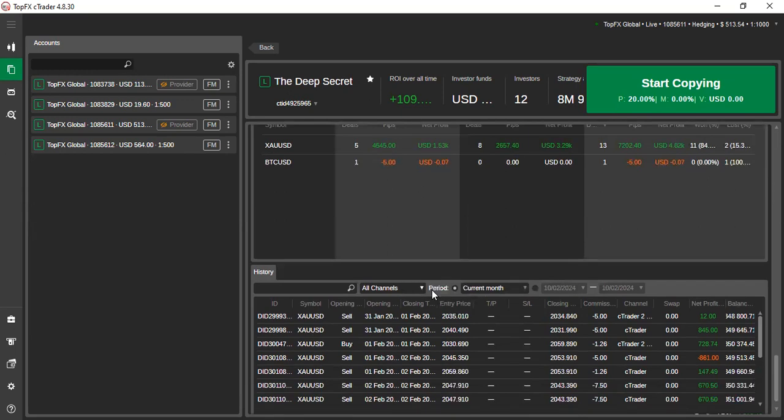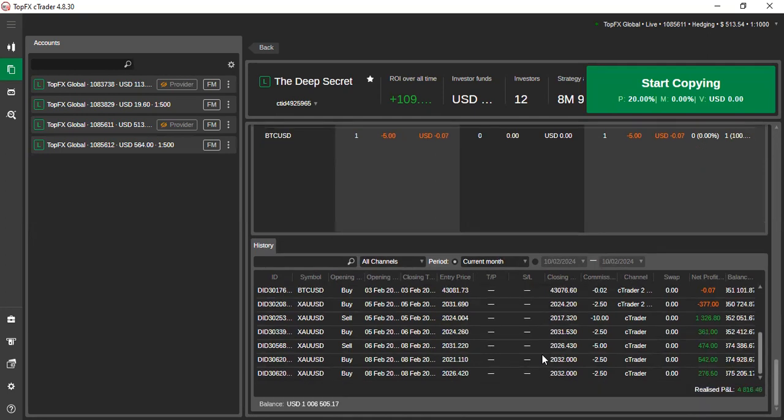Down here, you can also see all the trades they've opened. Sell gold, sell gold. You can see the directions in which they went, the price they opened the trade, the date, and everything. The price they opened it, the price they closed it, every single detail, you can have on the platform so that you can finally decide whether to copy them or not.